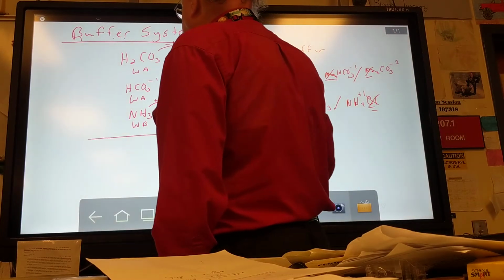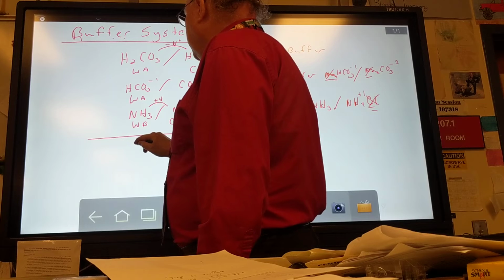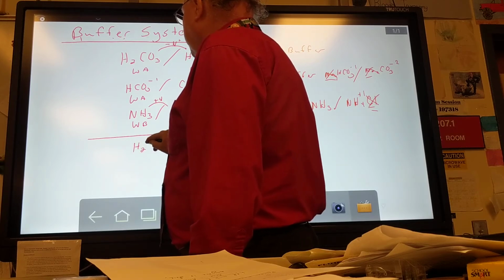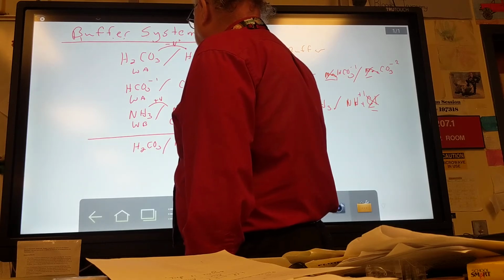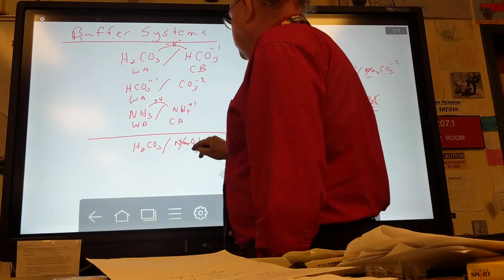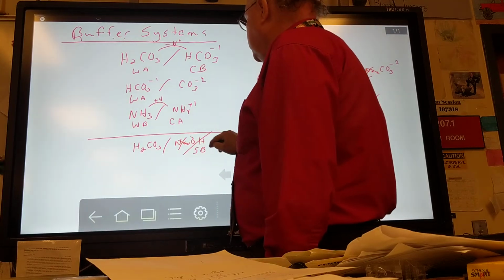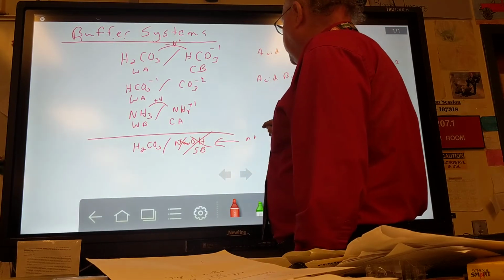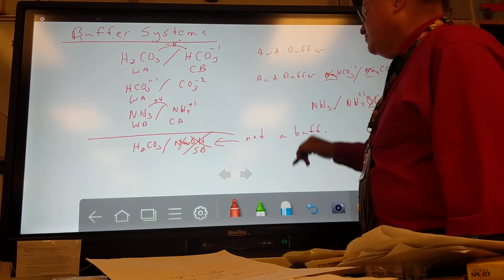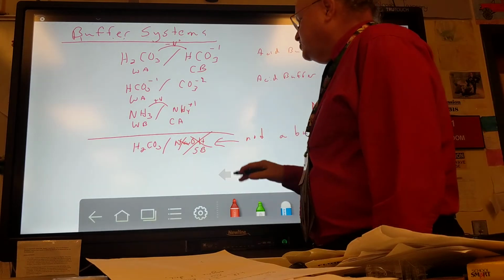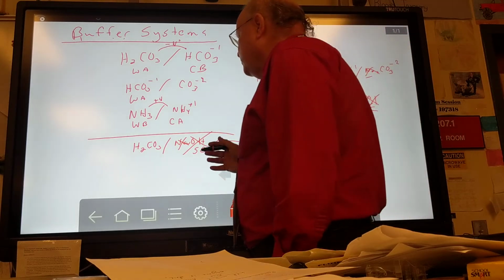Other buffer systems, if I had carbonic acid with sodium hydroxide, well, this is a strong base, and that would not be a buffer. Well, if they were just in a system, I've got to say, they would react.